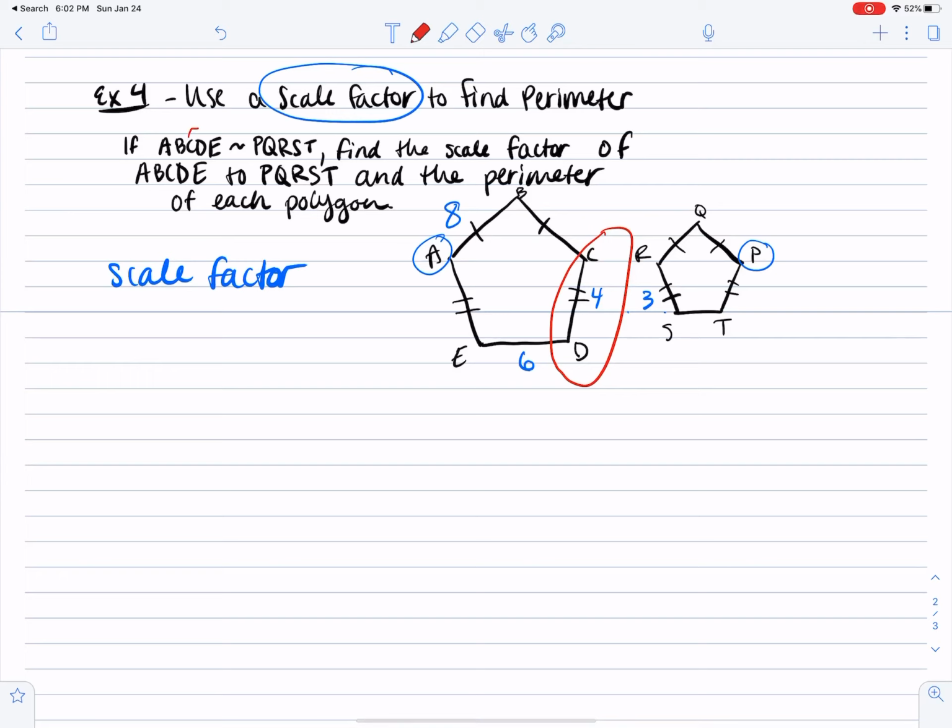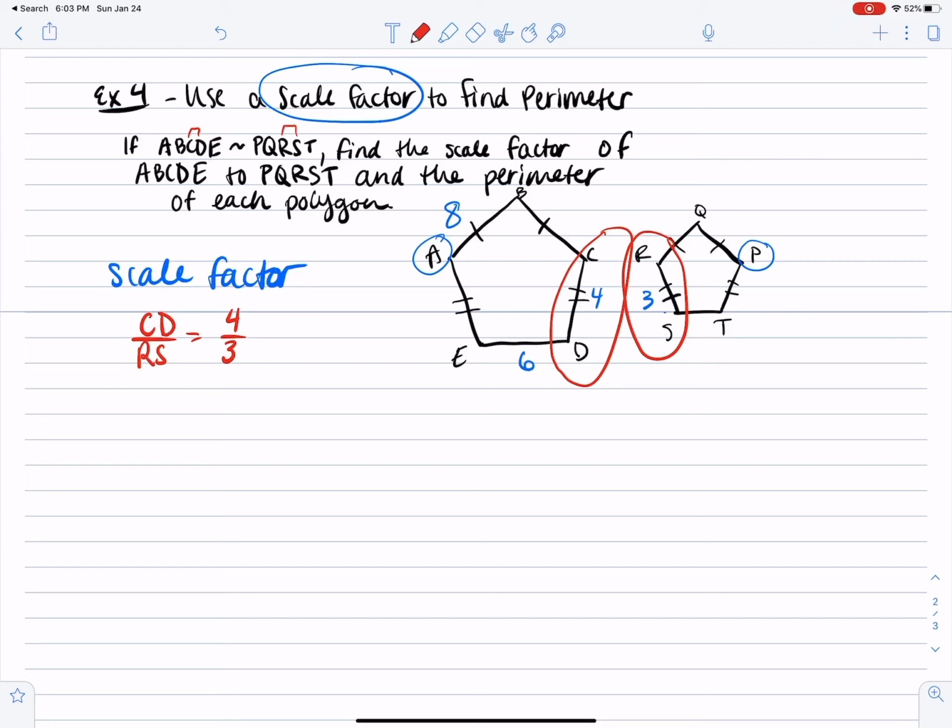Remember, CD matches with RS, which is this side here, and that number is given as well. So that's why we're picking that side, because those two match each other, and they both have numbers given. So we're going to do the CD over RS, which is 4/3. So that's the scale factor for any side. So because we know that ratio right there, we can actually figure out any side from here. And also that's the scale factor for the perimeter as well.